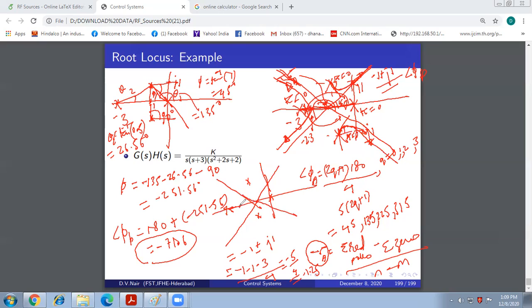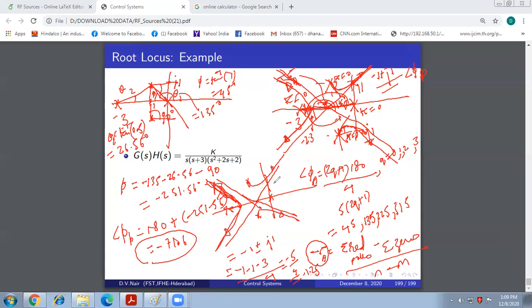These two branches break the real axis somewhere here, and it goes like this. And this branch that leaves here moves parallel to this. In this way, you have the four branches moving. This is one branch, this is another branch.